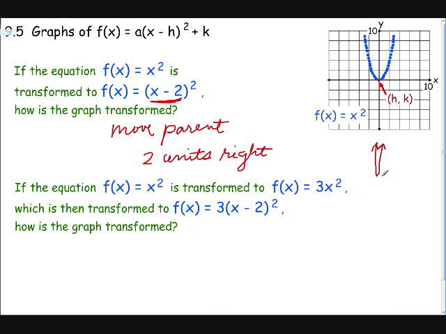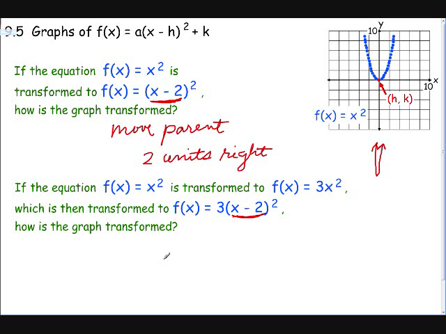For every 1 that I go over, it's going to go up 3 times as fast as the parent did. And it's then transformed by adding something into the operation, into the domain. This means it's moving 2 units right.